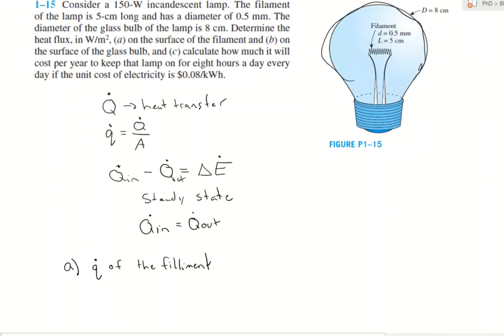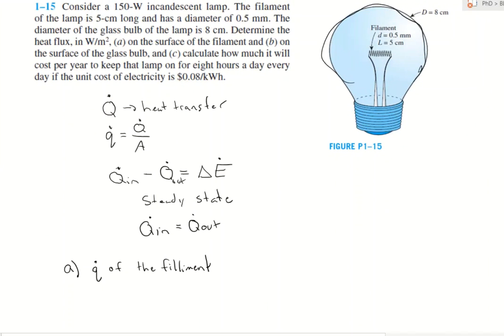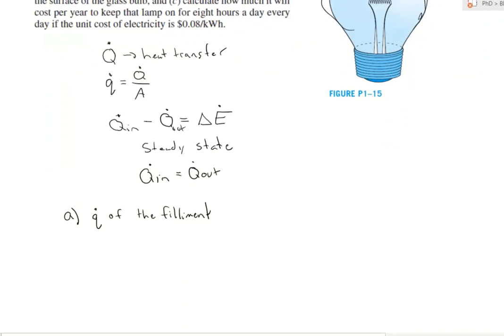We'll go back up for a second. We know 150 watts, so we know how much energy is being put into this light. And we know the area, so we should be able to figure out the heat flux. And that'll be for part B.